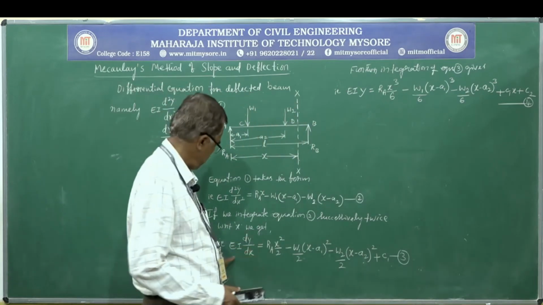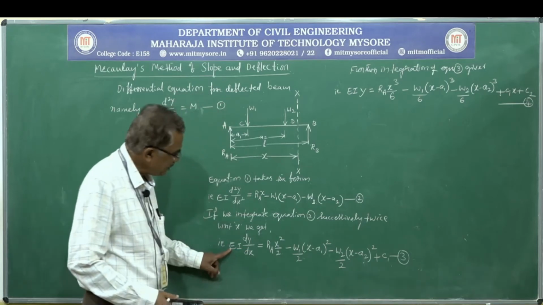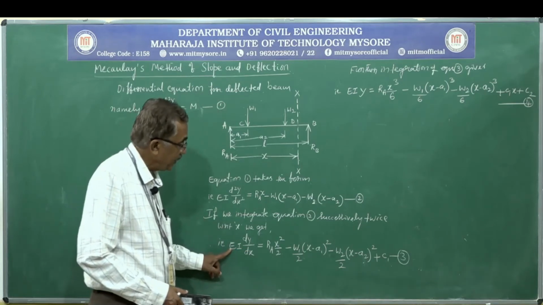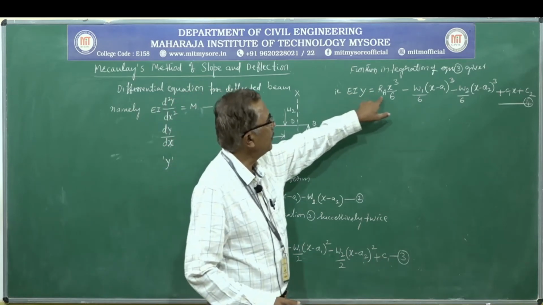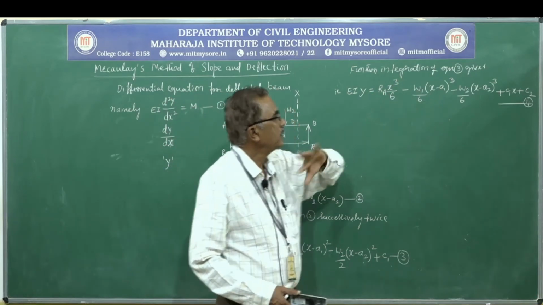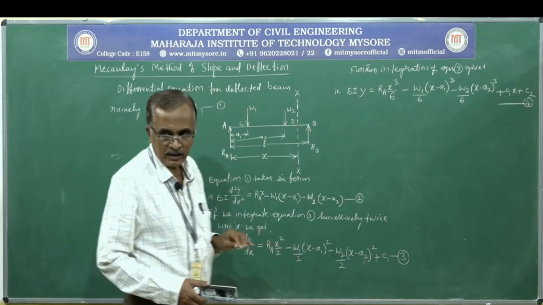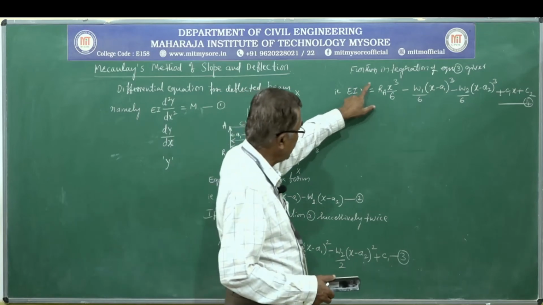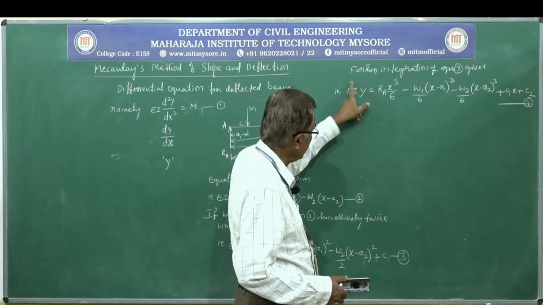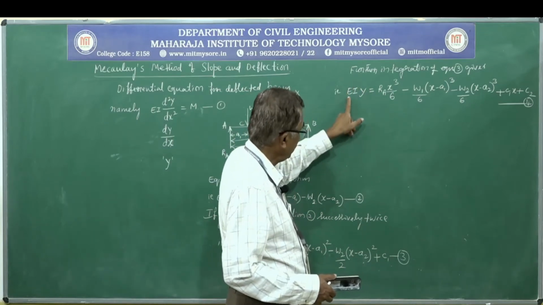See here, if you integrate equation 3 again with respect to x, we get the term EI into y, equal to RA into x cube by 6 and so on, with an additional constant. So this equation contains the term y, along with EI, the flexural rigidity.